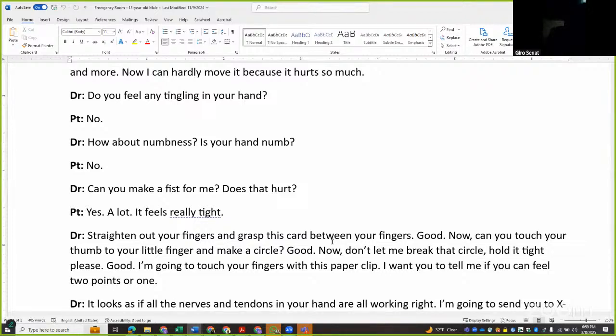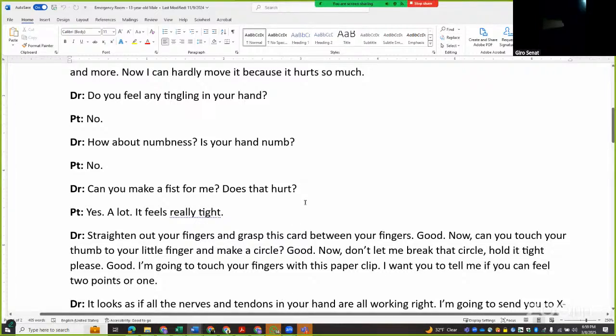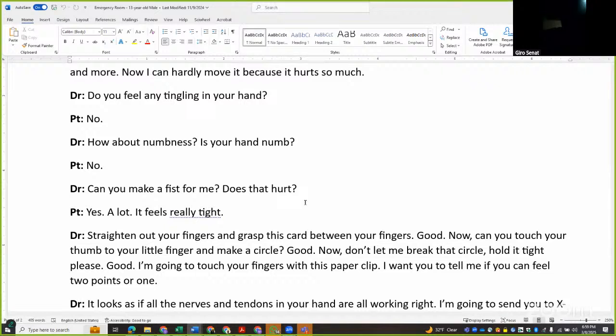Okay, got a wrong one for you now. Straighten out your fingers and grasp this card between your fingers. Good. Now, can you touch your thumb?